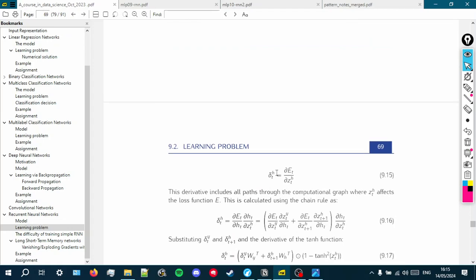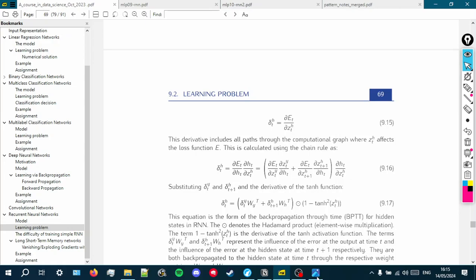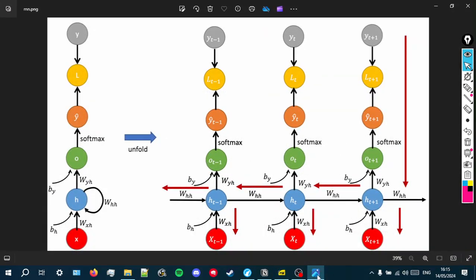And the way he defines delta h is once again partial E over zh. So what paths exactly do we have going to zh? From the loss, we can go from this output, and we can go here, and then we can go down to zh over here.